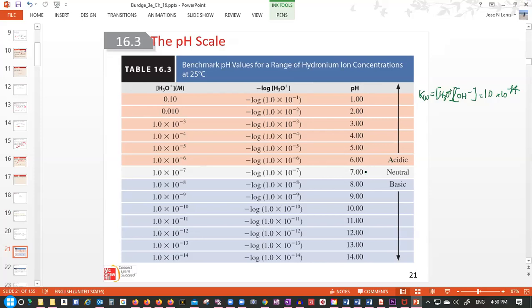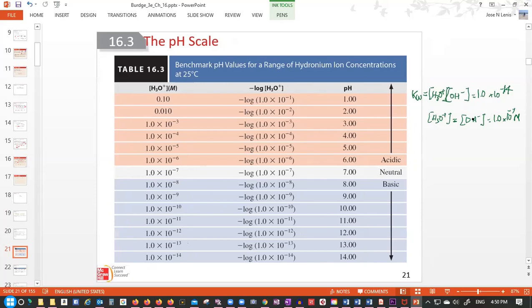Substances or solutions that have pH 7, that means concentration of H3O plus equals concentration of OH minus, and that is 1.0 times 10 to the negative 7 molar.